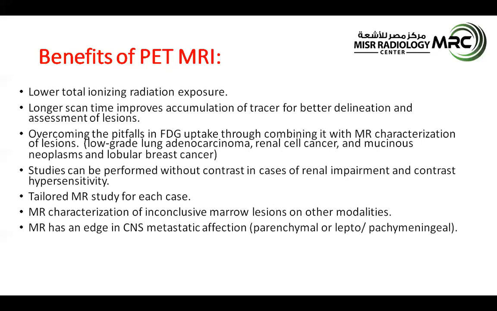There is also, of course, MRI having its edge in central nervous system metastatic affection, the neural axis, including the brain and spinal cord. Also, we all know the importance of MRI in the detection and characterization of brain lesions, lepto and pachymeningeal infiltrate.